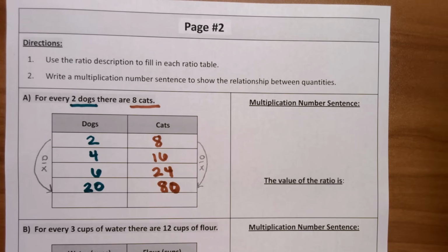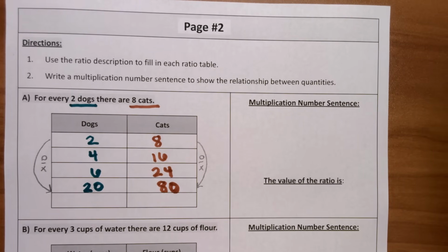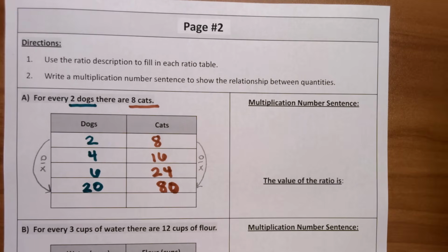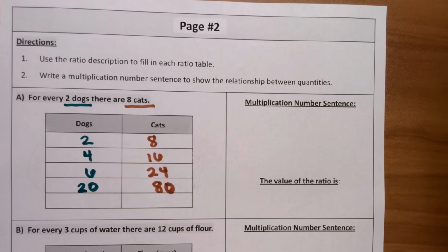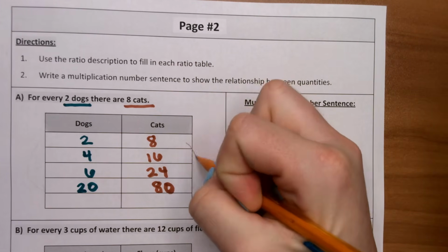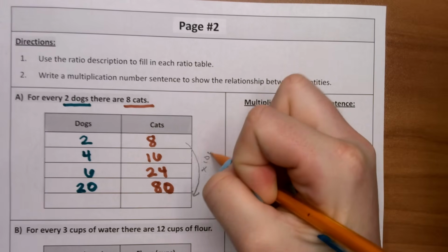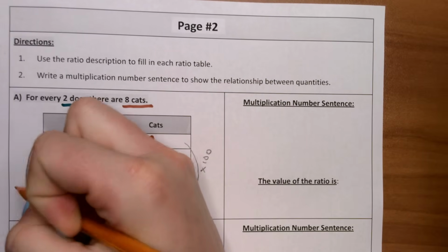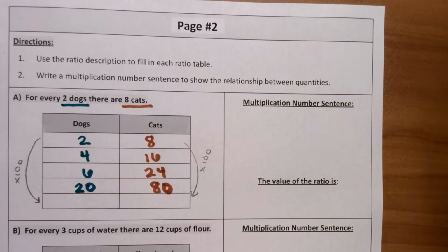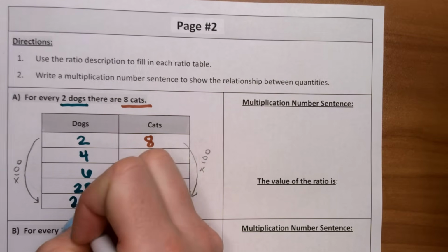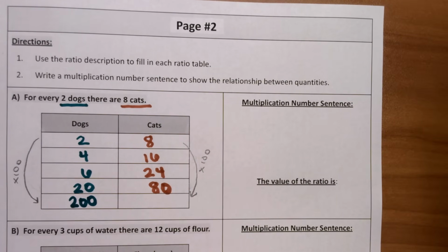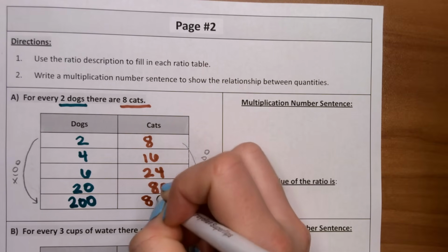Remember, whatever you do to one side, you have to do to the other side. We can also multiply 2 times 100 and 8 times 100 and get 200 on this side and 800 for our cats.